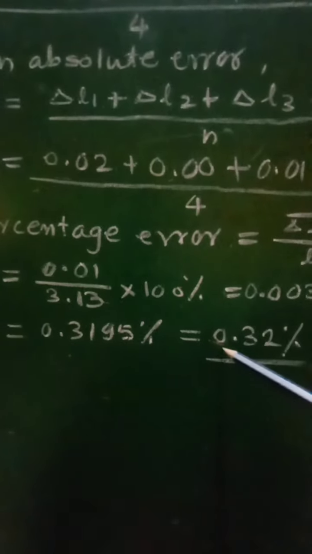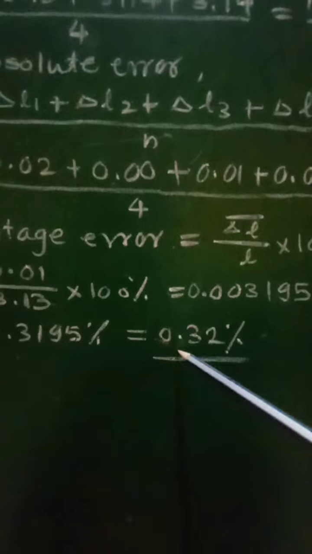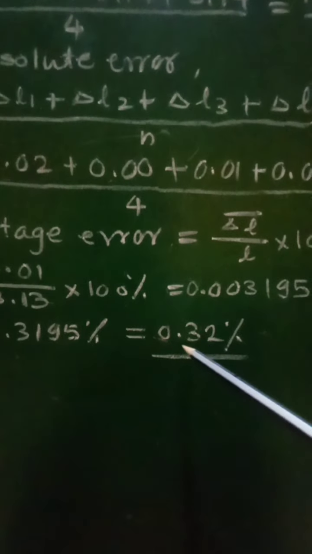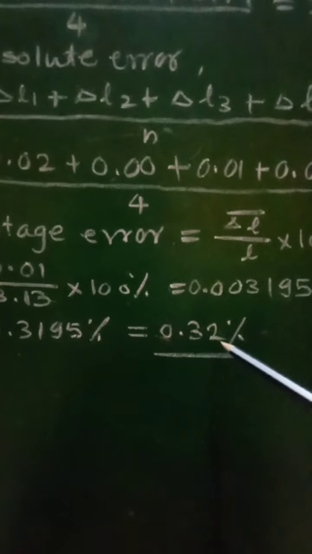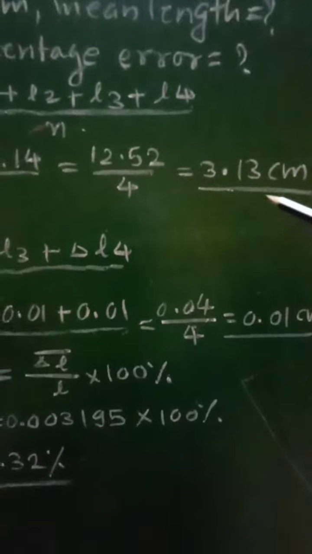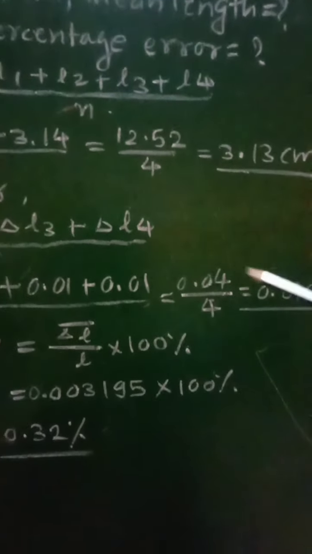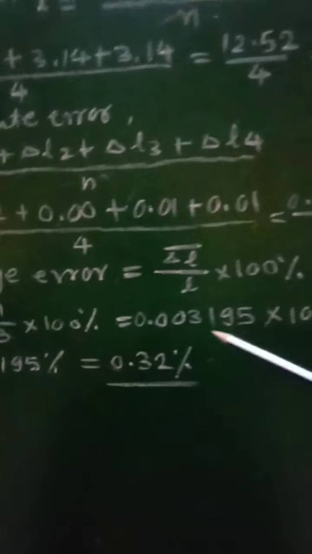In terms of significant figures, we can write it as 0.32%. So for this numerical, the mean length is 3.13 centimeter, the mean absolute error is 0.01 centimeter and the percentage error is 0.32%.